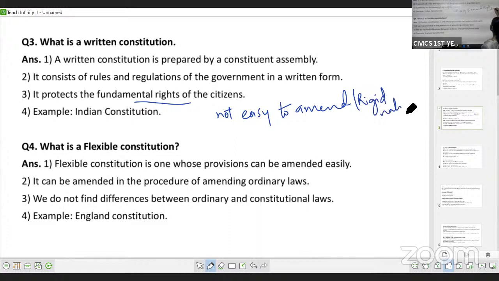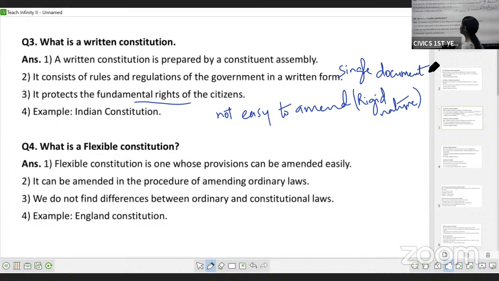What is a written constitution? All the provisions of the constitution are in written form, in a single document. Enacted constitution is always written.